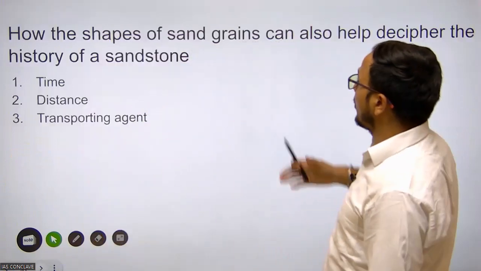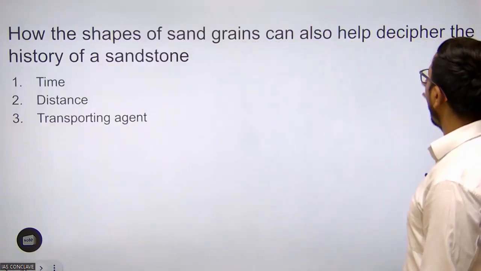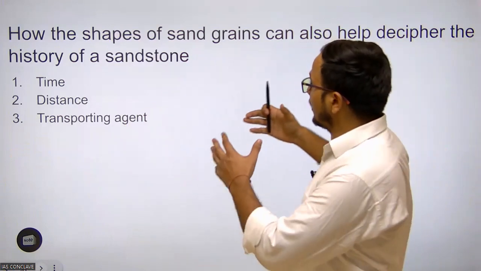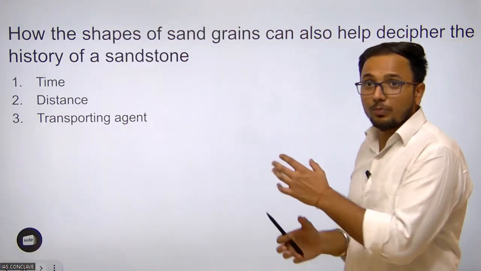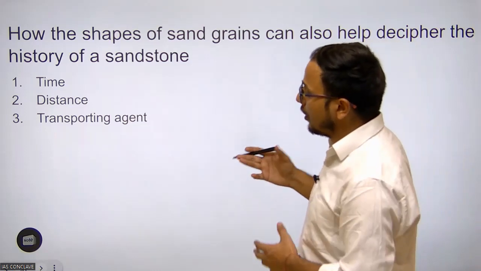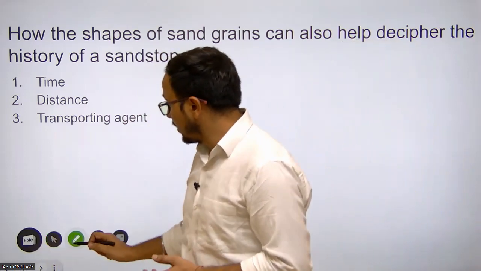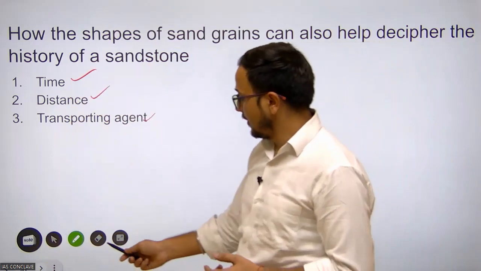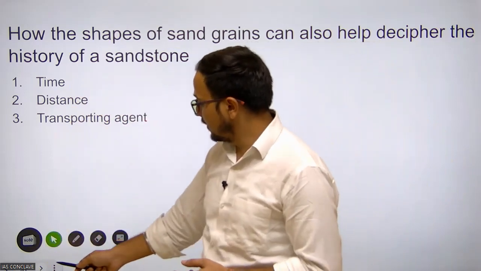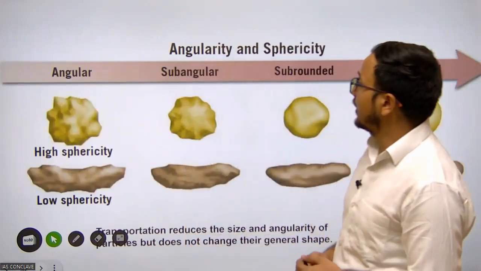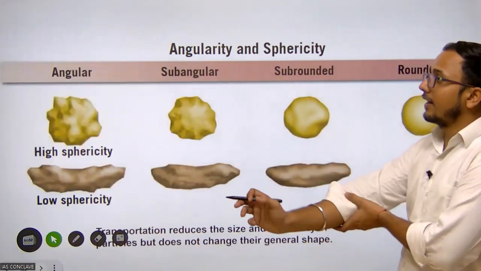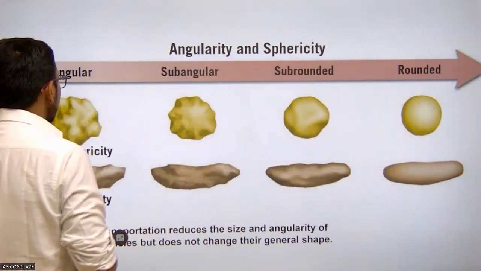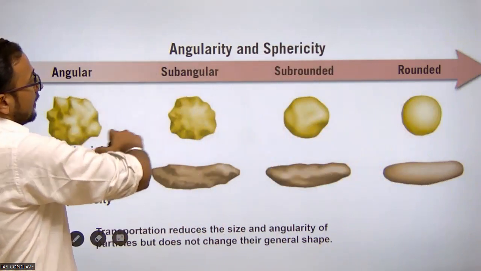So the shape of the sand grains can also help decipher the history of the sandstone. From the shape of the sand-sized particles, we can infer the time, distance, and the transporting agents. In this diagram, we will look at angularity and sphericity. This is how angularity will increase.